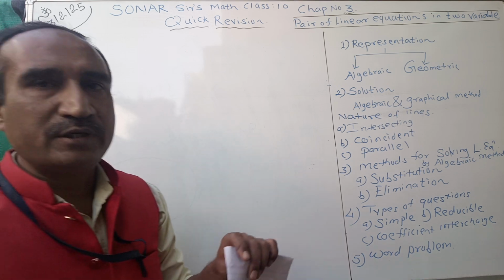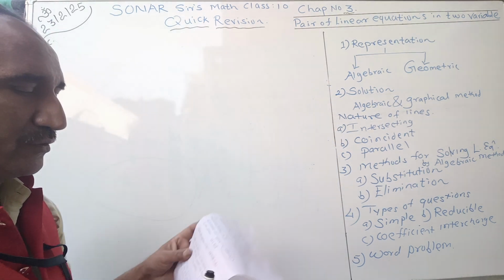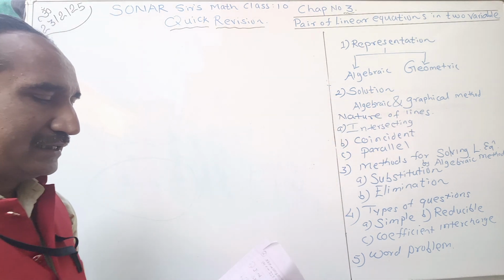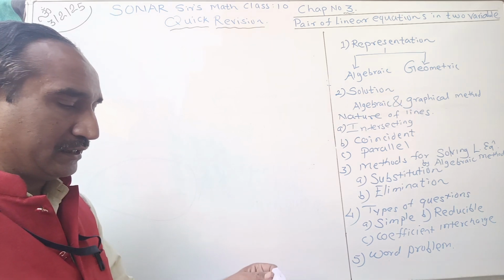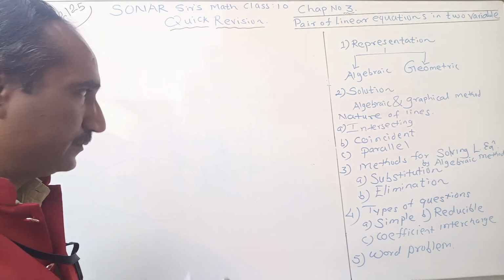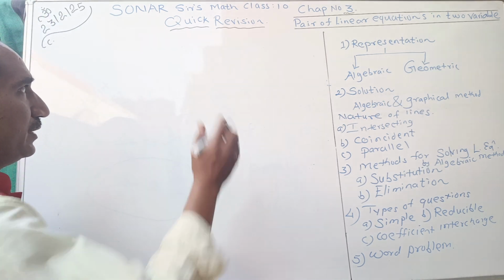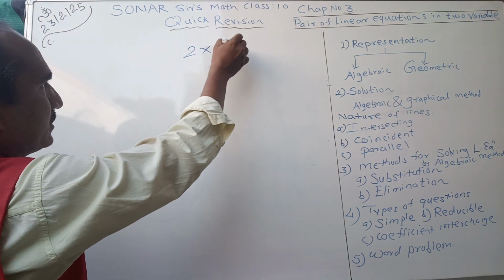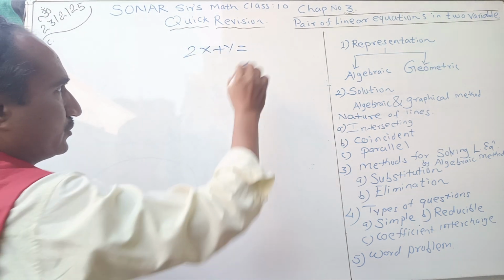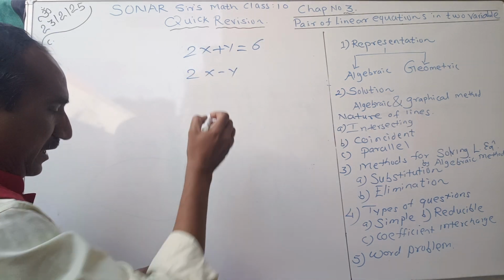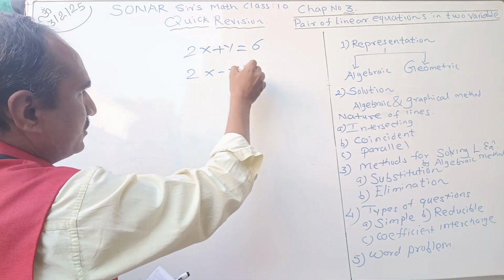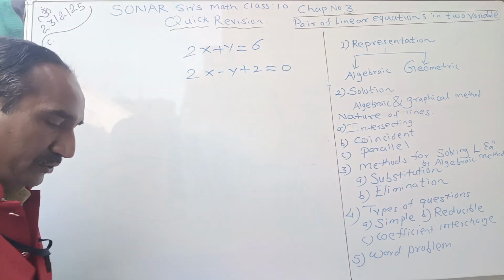The most common question asked for linear equations in two variables is a graphical solution. So the first question we'll discuss: draw the graph of 2x plus y equal to 6 and 2x minus y plus 2 equal to 0.